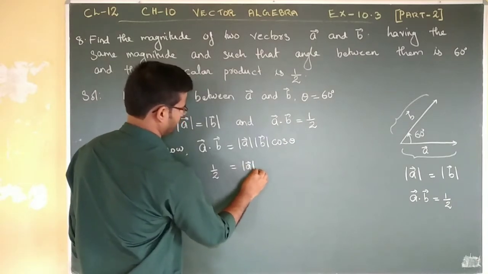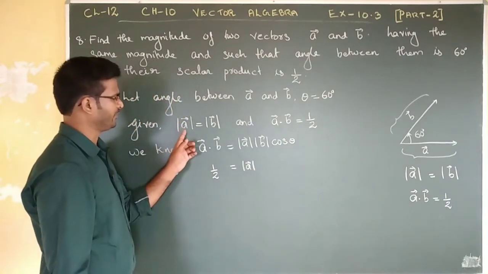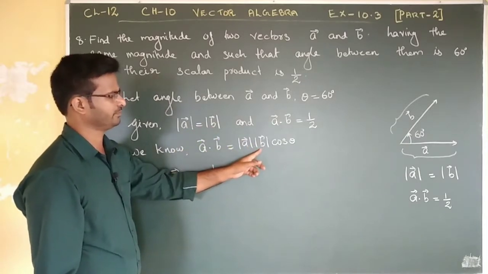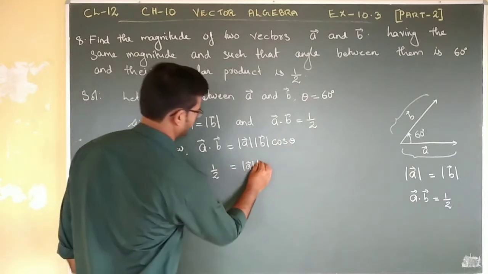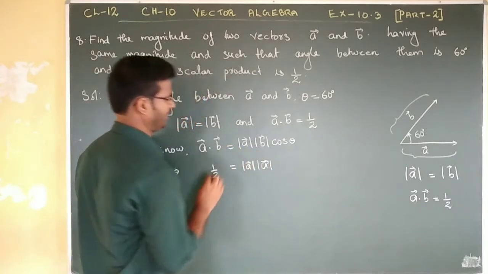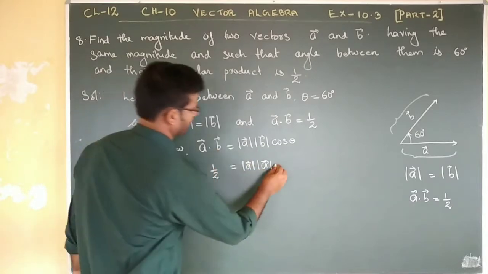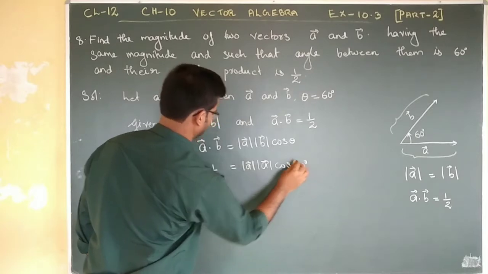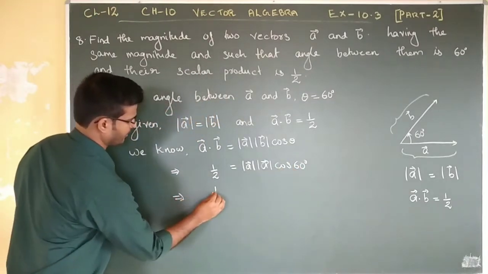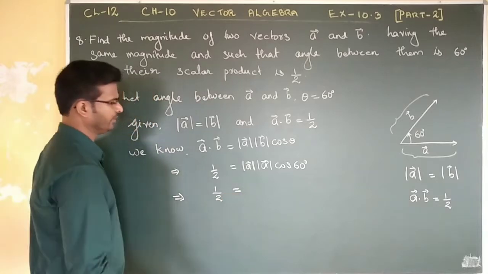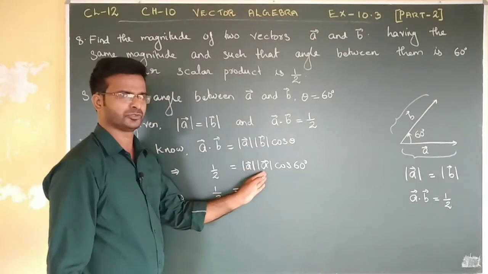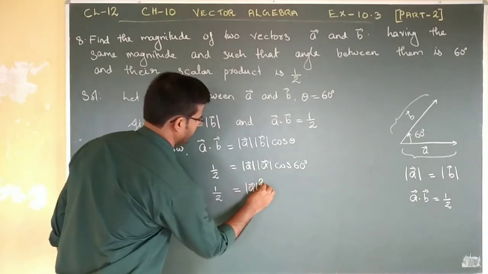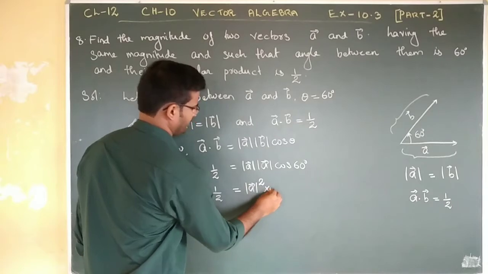The magnitude of A vector and magnitude of B vector are equal, so in the place of magnitude of B vector we can write magnitude of A vector. Cos theta, with theta 60 degrees. So 1 by 2 equals magnitude of A vector into magnitude of A vector, which is magnitude of A vector square, into cos 60.